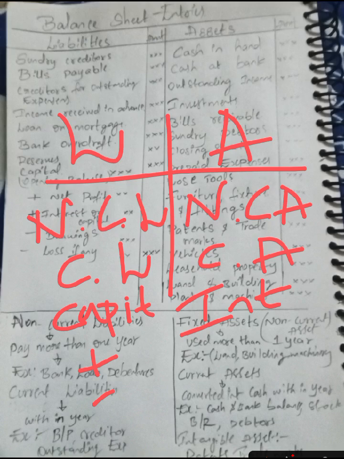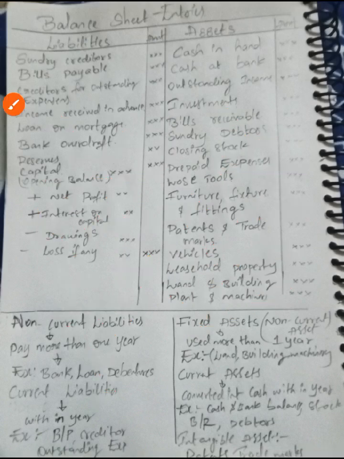Am I clear? The goodwill too, all of these are related to intangible assets. I hope you people understood. So this is the format, the proforma of final accounts: trading account, profit and loss account, and balance sheet.